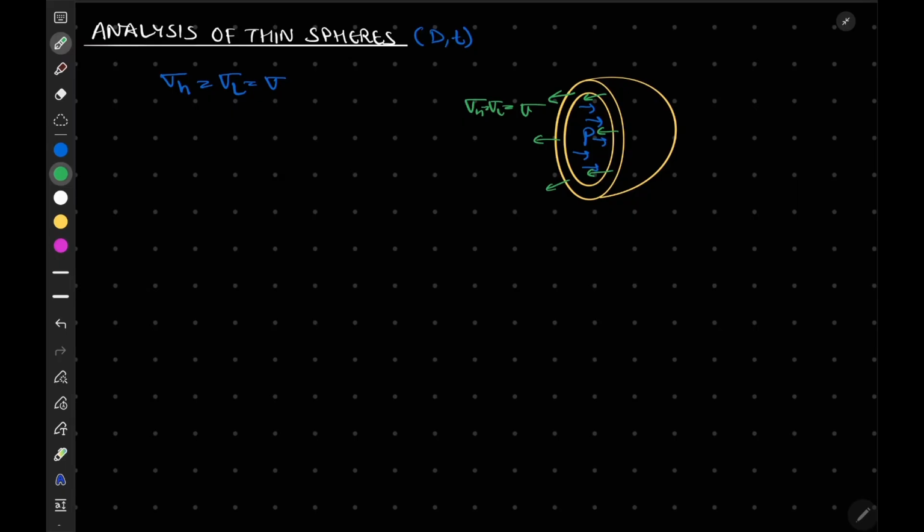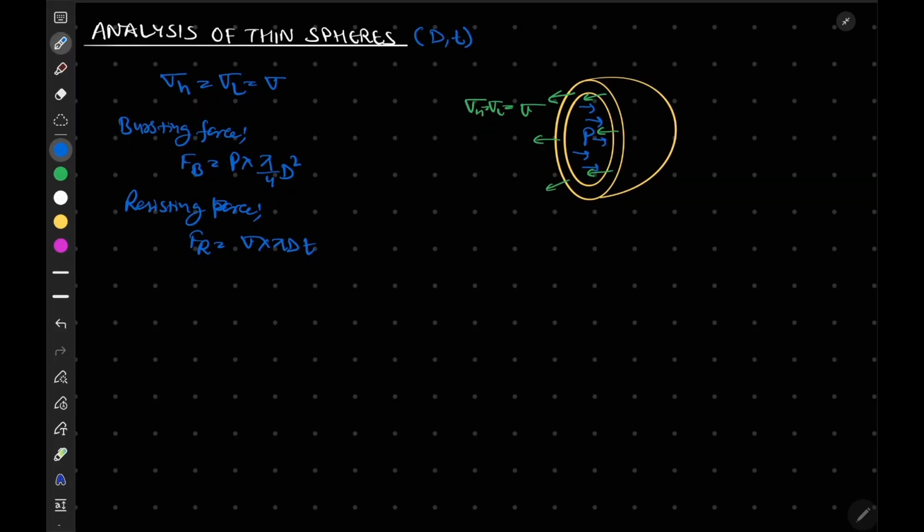Now I can write the bursting force FB is equal to P into pi by 4 d square. This is your projected area. Similarly, the resisting force Fr is equal to sigma into pi dt.